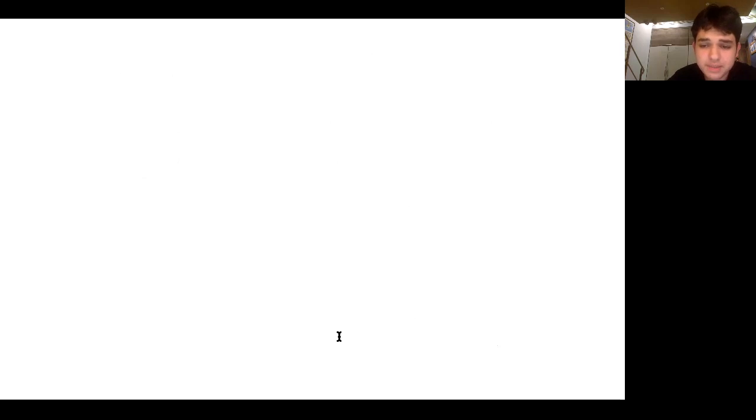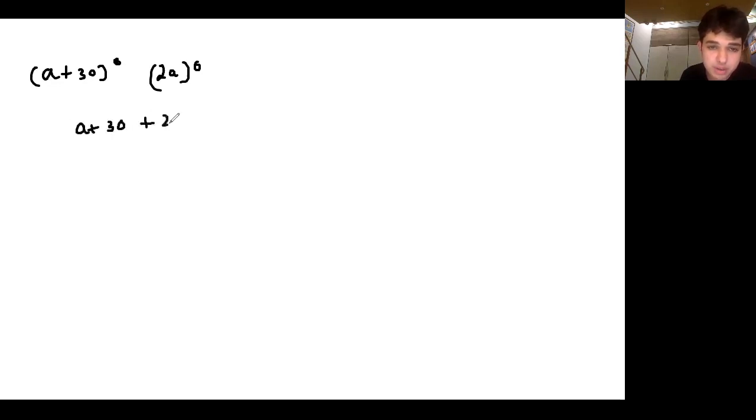Now moving on, let's take an example of supplementary angles. So let's take a similar example. If I had A plus 30 degrees as one of my angles, and I had 2A as the other, and the question said that they were supplementary and I need to find the angles, then you do A plus 30 plus 2A would be equal to 180.